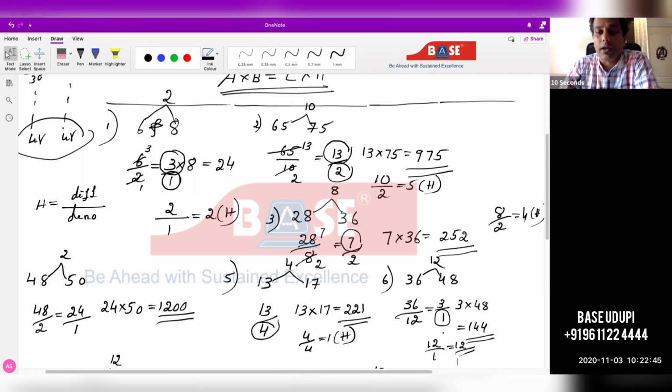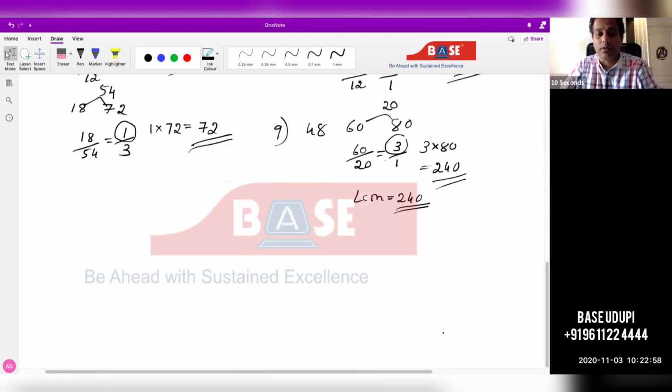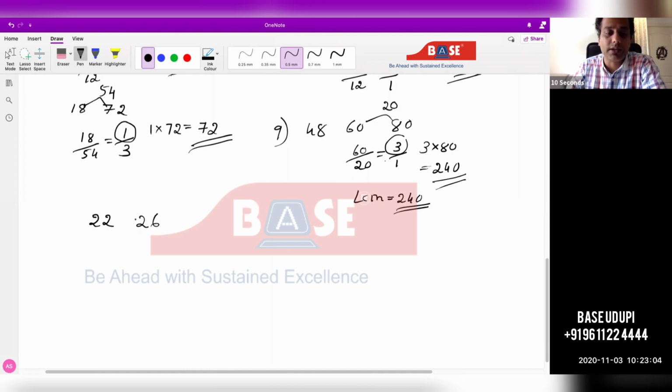So let me take one more example and quickly explain it one more time. Both LCM and HCF together. Say 22 and 26. Both LCM and HCF, remember.